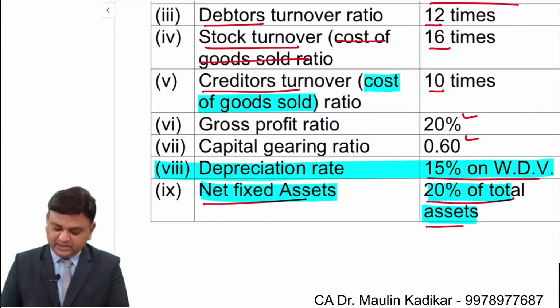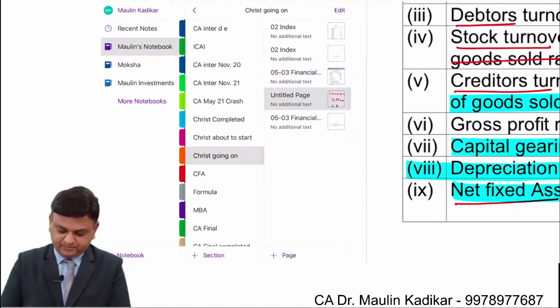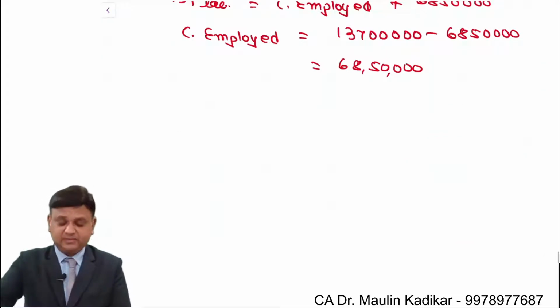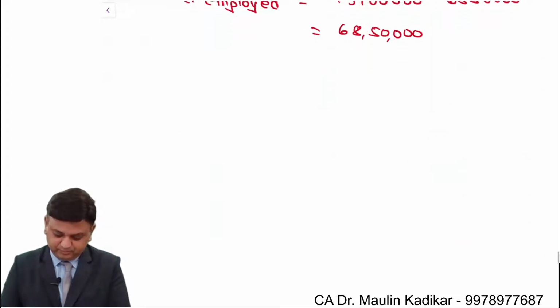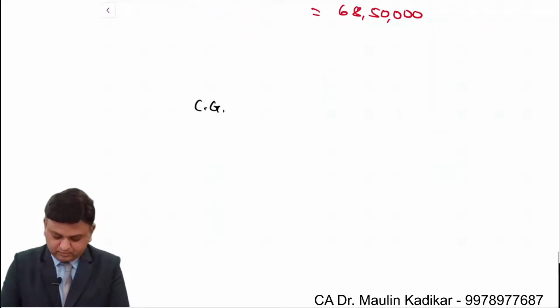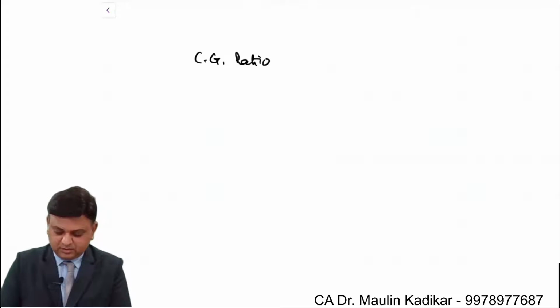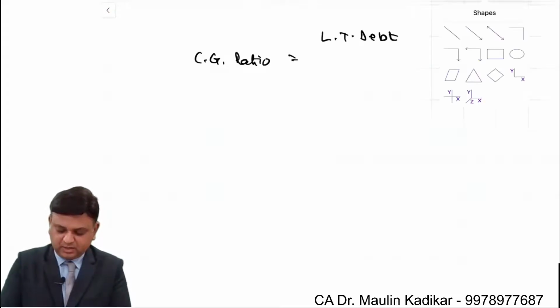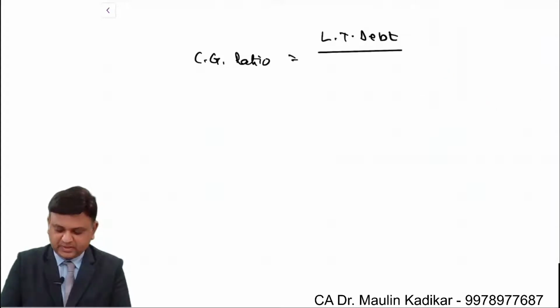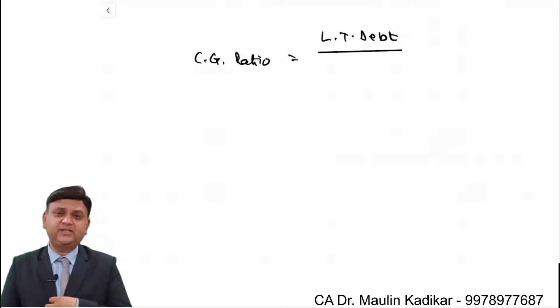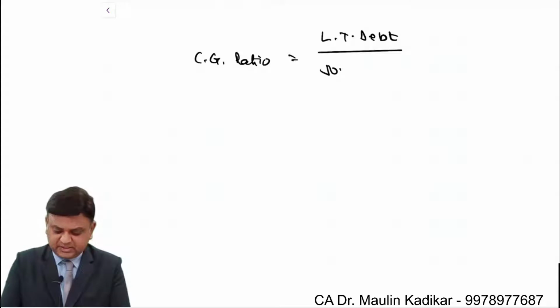Then we have been provided with the information that the capital gearing ratio is 0.6. So we can say something like this. Capital gearing ratio: we have long-term debt upon the equity and reserves and surplus together, that is net worth.